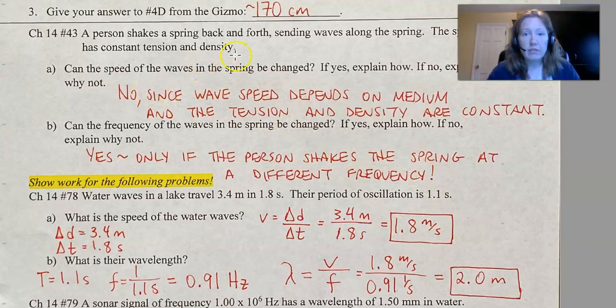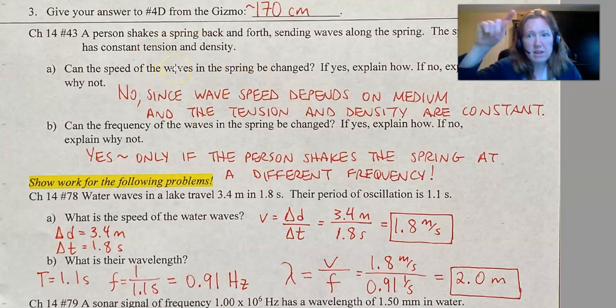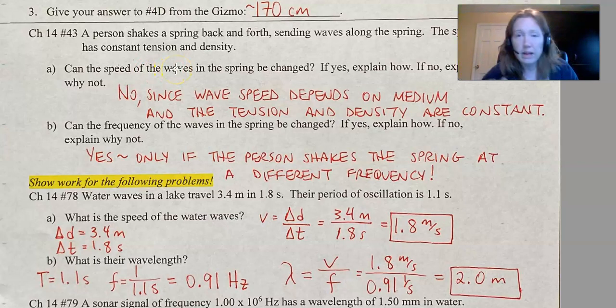So if you're doing what the gizmo is doing, shaking the spring back and forth, can the speed of the waves in the spring be changed if the spring has constant tension and density? Nope. Because we're talking about the speed of one wave down the spring, right? Kind of like the speed of the wave around the stadium at a Badger game.